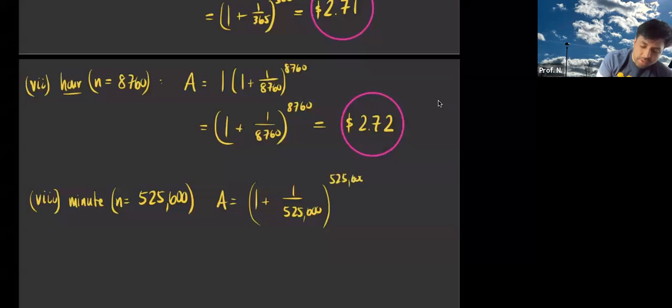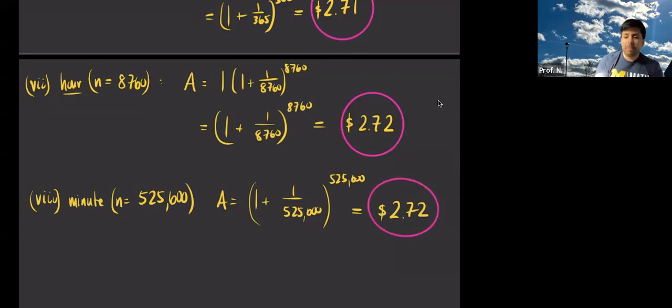I thought this would go on forever. Sorry, Charlie. This is the best. The best you can do is, if you live in a world where your bank account would return 100% of your money and you had $1 after 1 year, the most you can make is $2.72, and that's it.